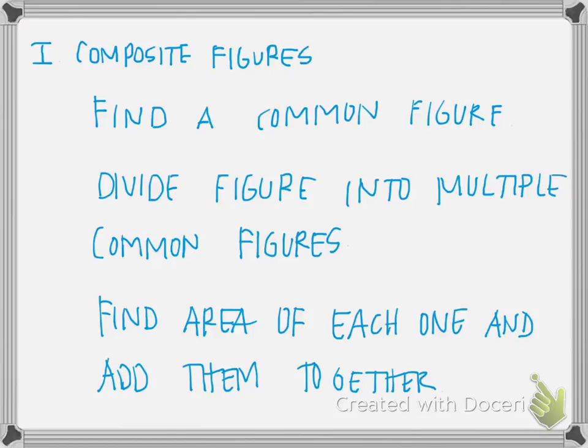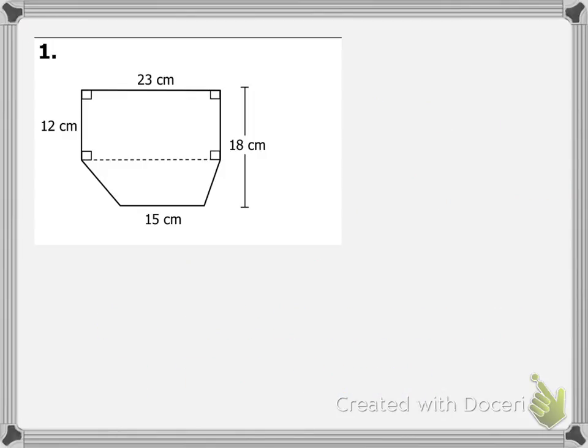Okay, let's look at this one here. So if I want to find the area of the figure given to me here, I'm going to have to divide this into two different figures. I see that I have a rectangle up here.